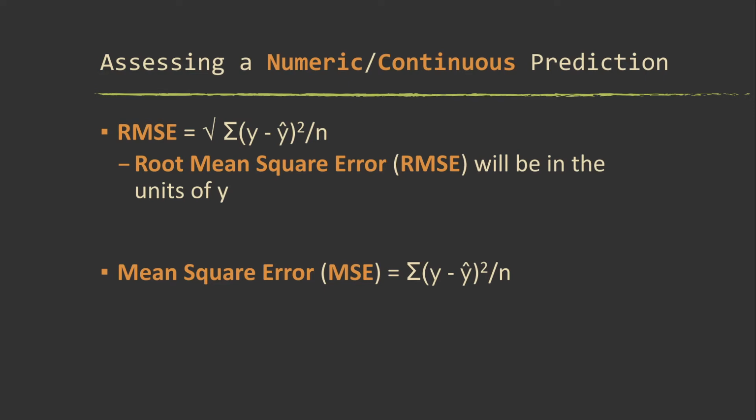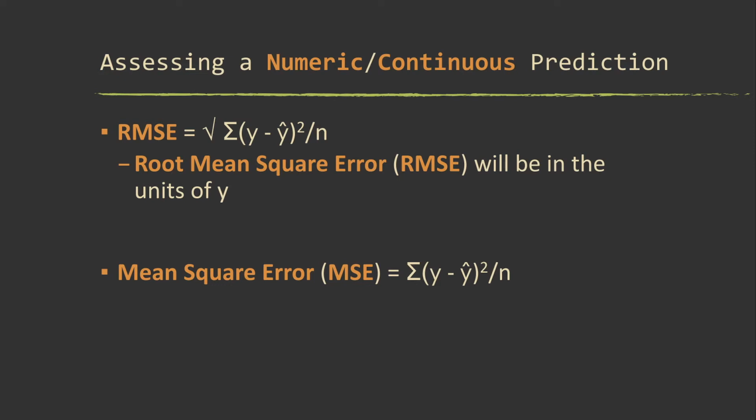And then when you take the square root, that takes the units back to percent from square percent. So the root mean square error is reported in the units of measurement. If you're predicting a chemical concentration in parts per million, RMSE is going to be in parts per million. If it's percentage, it's percentage. If it's income, it's going to be income, or dollar amount or whatever. So it's in the same units as the dependent variable being predicted.